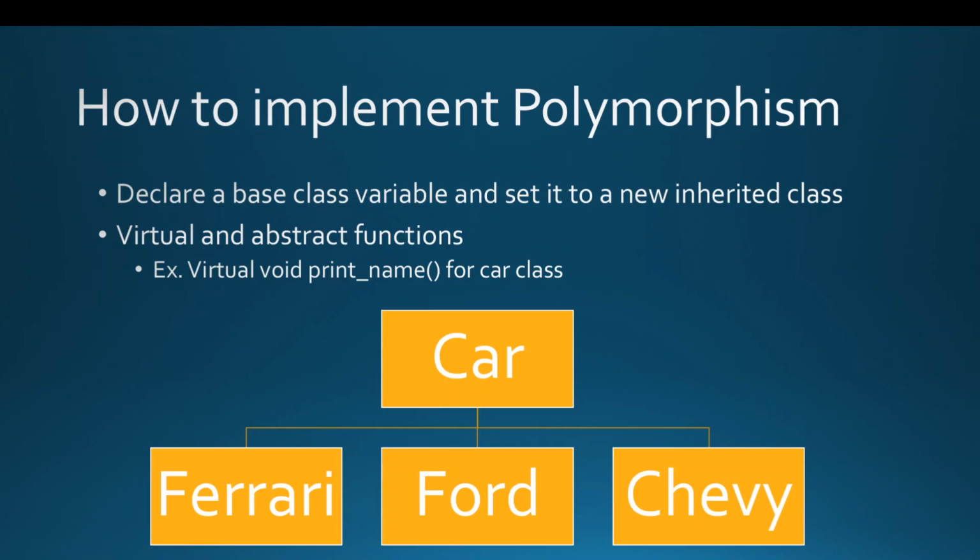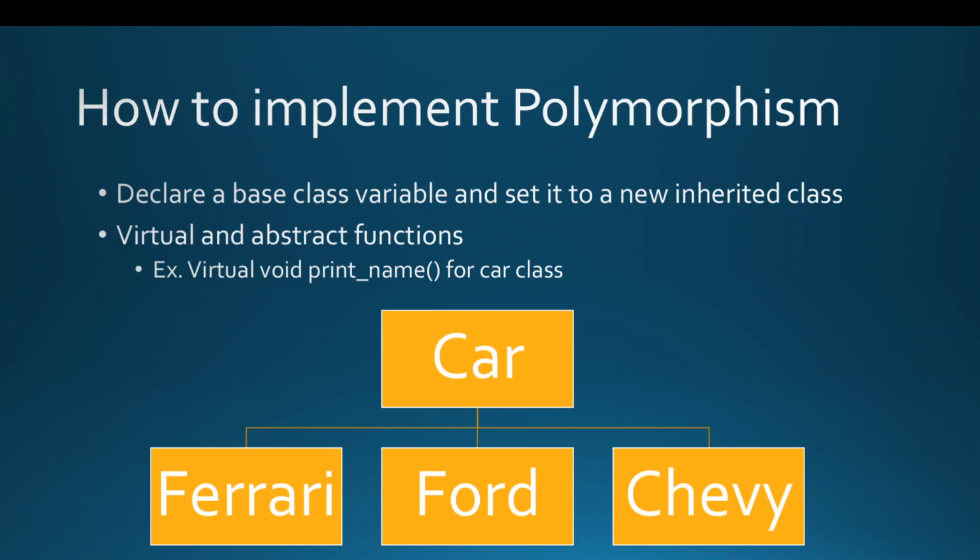So how do you implement polymorphism? You declare a base class variable and you set it to a new inherited class. For example, let's declare a class car and define all of that stuff.